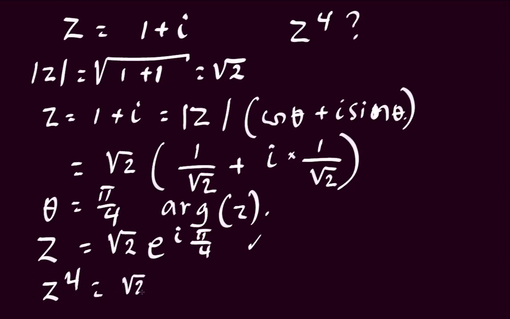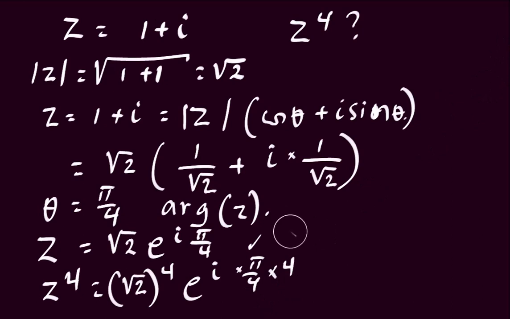So now if we take the power of 4 of that, we have to take the power of 4 of the modulus, and then e to the power of i pi over 4 times 4. We do some simplifications here, and we get e to the power of i pi, and you know that square root of 2 to the power of 4 is 2 squared, of course.